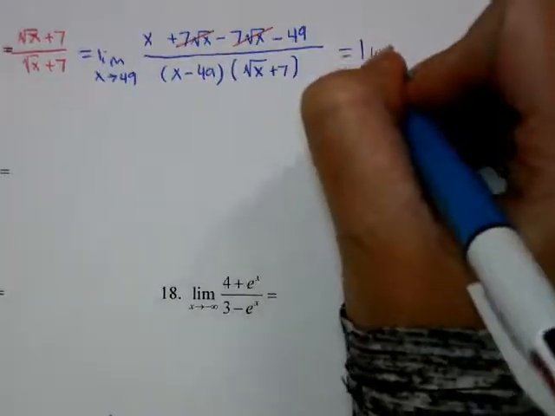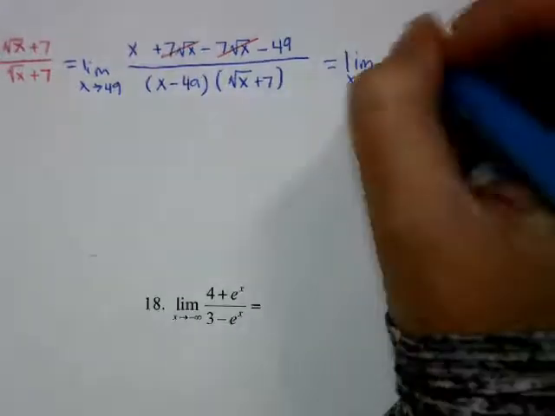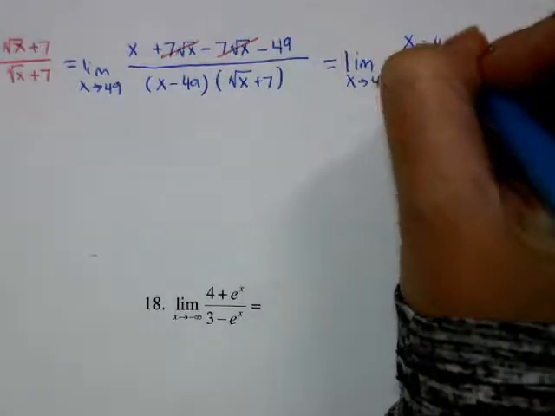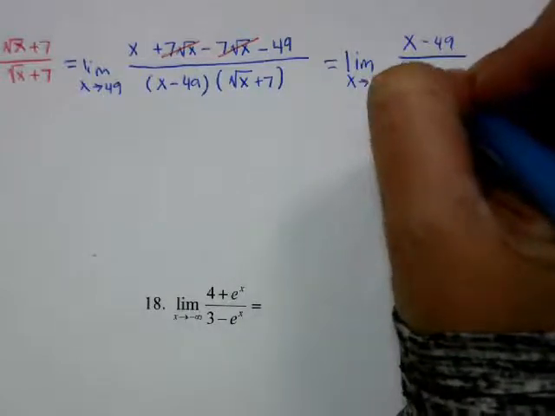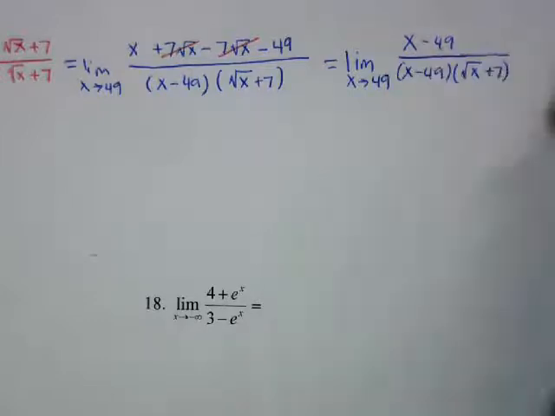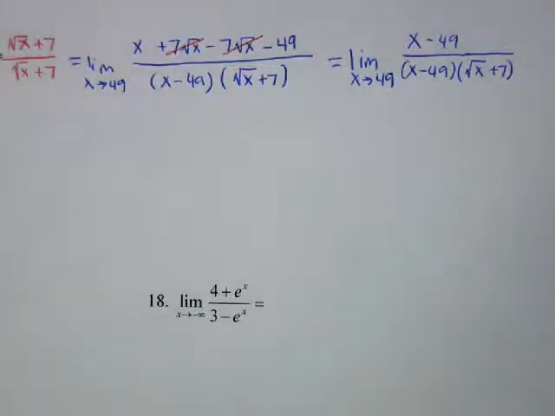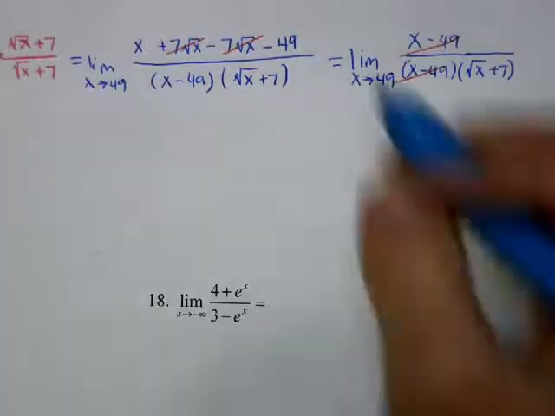So as we go to 49, we have x minus 49 in the top, x minus 49 root x plus 7. So the factors reduce. And I'm going to show all the steps just so we're real clear.